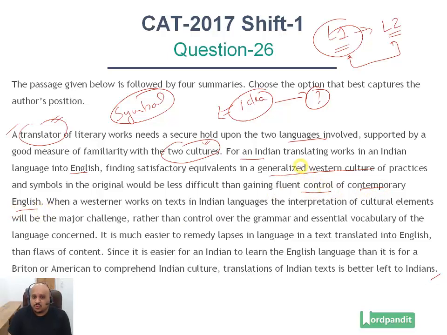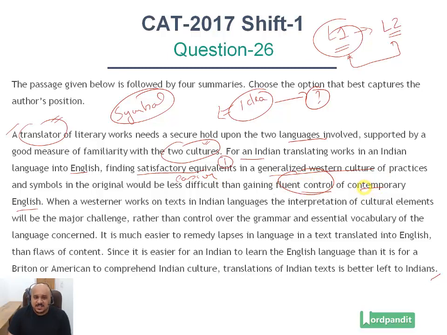So now there are two challenges involved. Challenge number one, you have to find satisfactory equivalence. So whatever is happening in the Indian language, whatever is happening in the Indian culture, when you are translating that Indian literary work, you need to have a Western equivalent for it. This is less difficult. That means it is easier than gaining fluent control over contemporary English.